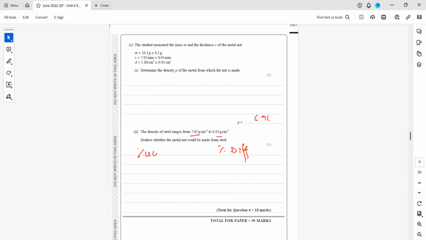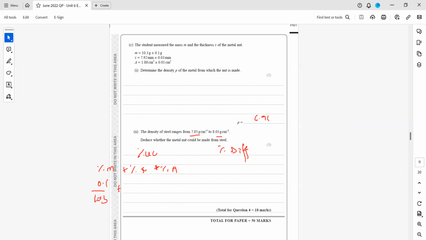First we'll work out the uncertainty in density. How to work out the uncertainty in density? Density is mass over volume. So it will be the percentage uncertainty in M plus the percentage uncertainty in X plus the percentage uncertainty in A. We add, and how to get the percentage uncertainty? That is the uncertainty divided by the value recorded. So 0.1 divided by 10.3.